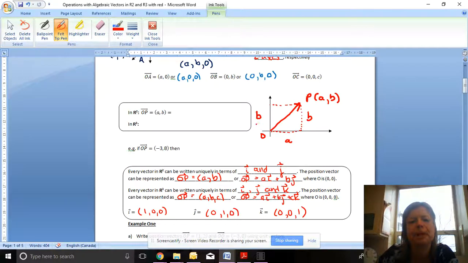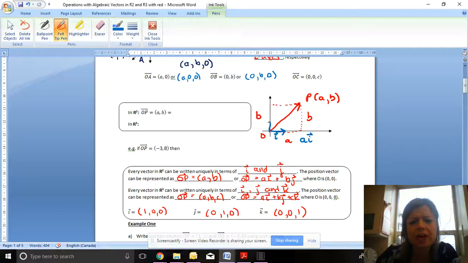Now, unit vectors are vectors that are only one long. We could talk about the unit vector i as being a vector that is 1 unit long and on the x-axis. So this whole distance here is a times i, because i represents a unit vector that's 1 long along the x-axis, and then you multiply it by a to get its length, its magnitude.